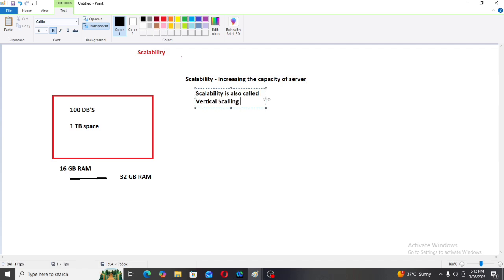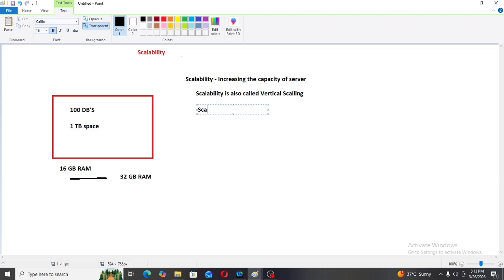Now how do we achieve scalability? Scalability is achieved in AWS by changing the instance type.